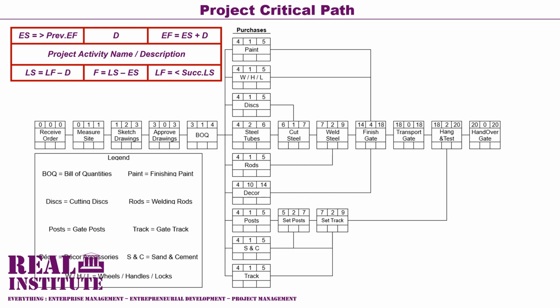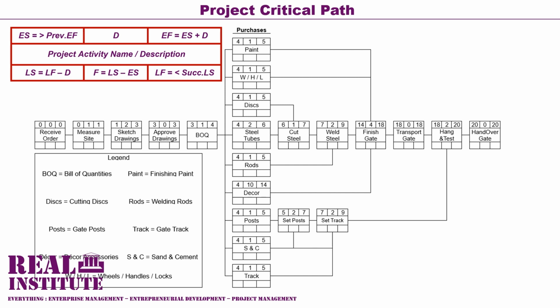Activity 3, on the other hand, which is the sketch drawings activity, is allocated an early start value equal to its predecessor's early finish value. Its predecessor being activity 2, the measure site activity, which has an early finish value of 1.